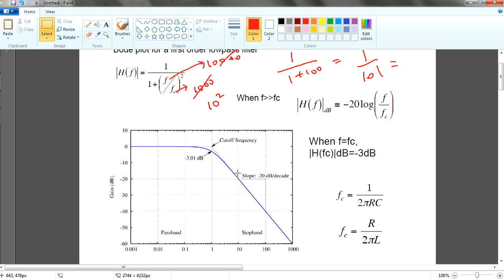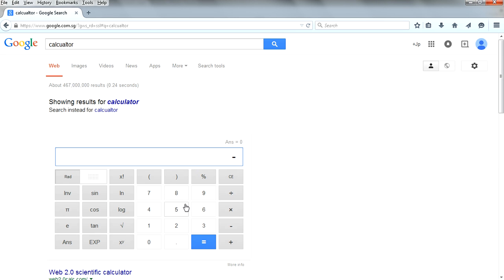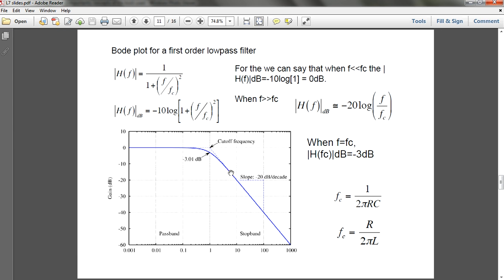If you take negative 20 log of 1 divided by 101, you have 40.086. I have 40.086 decibels going in this downward direction.